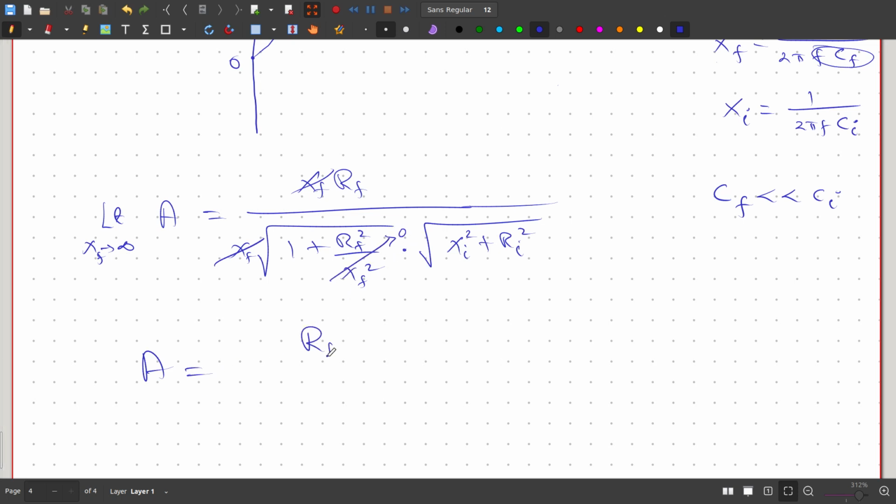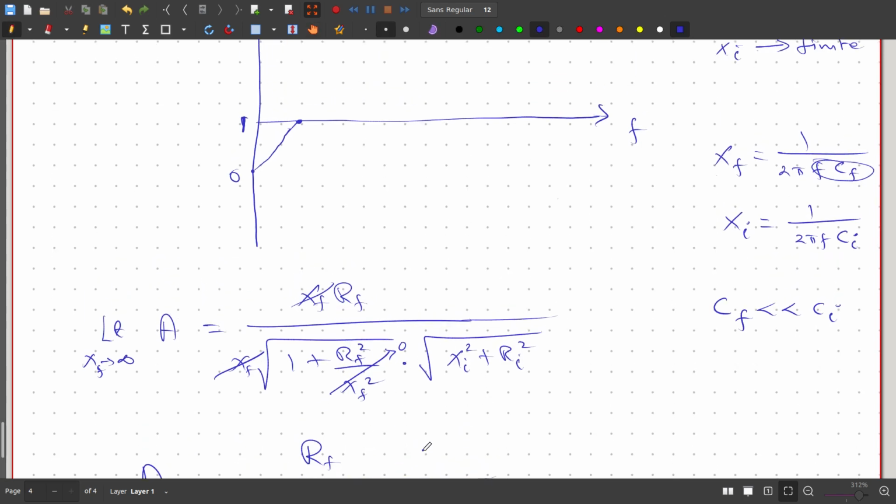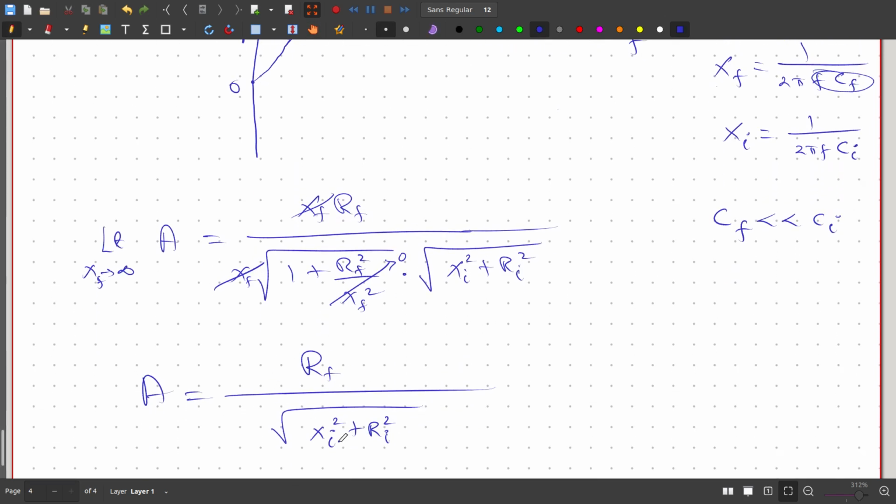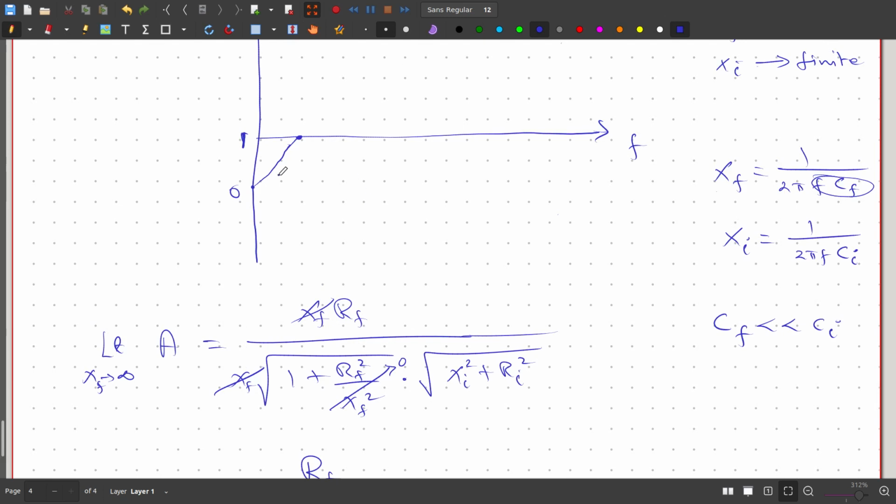Therefore we have Rf divided by root of Xi square plus Ri square. Okay, and this is the equation which governs this part.